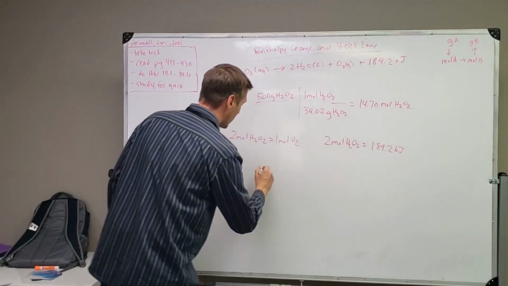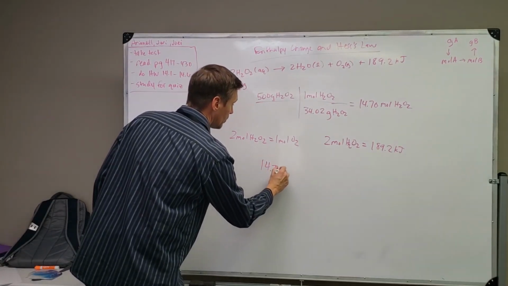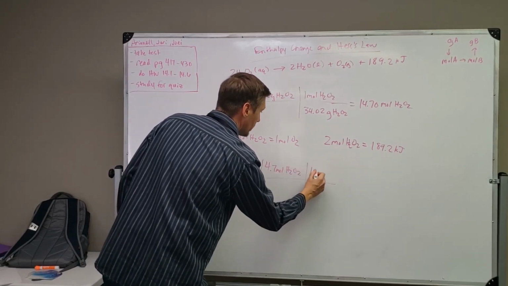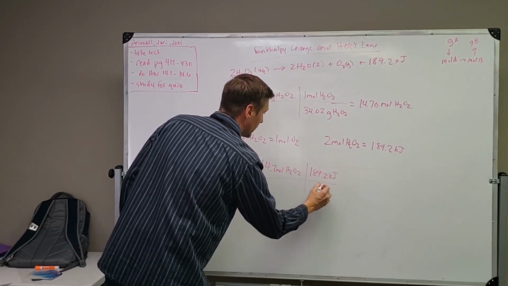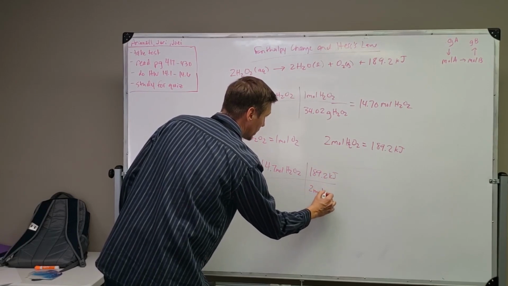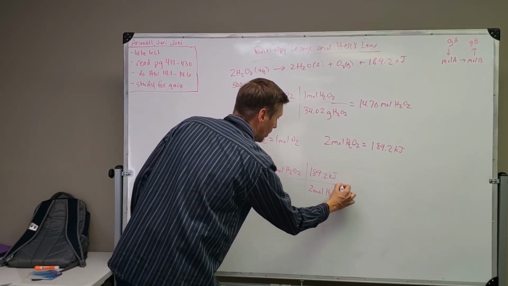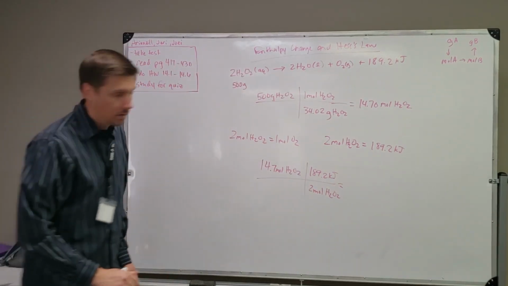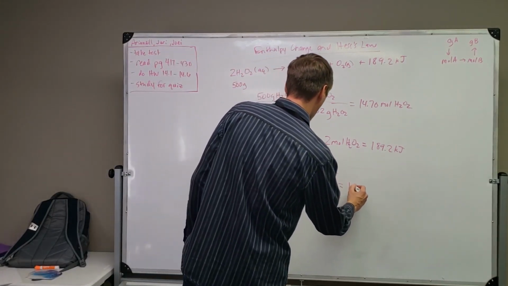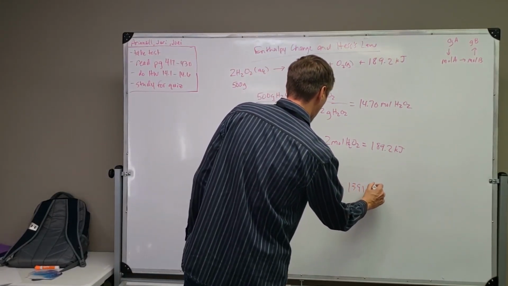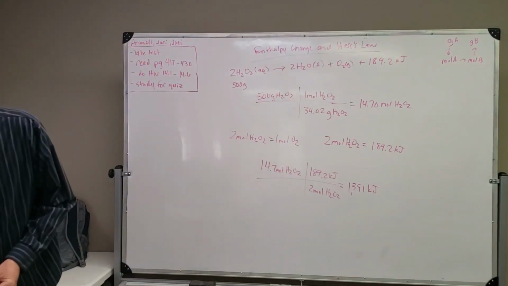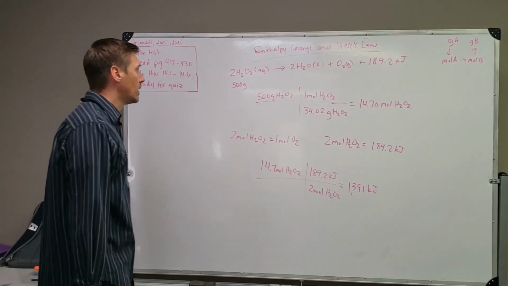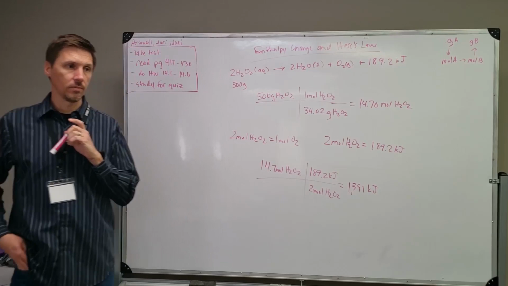So if we have 14.7 moles of H2O2, we can figure out how much energy that is by saying, well, we know that 189.2 kilojoules of energy is equal to, for this reaction, 2 moles of H2O2. And then we can get a final value of 1,391 kilojoules of energy that would be released if we started with 500 grams of H2O2.